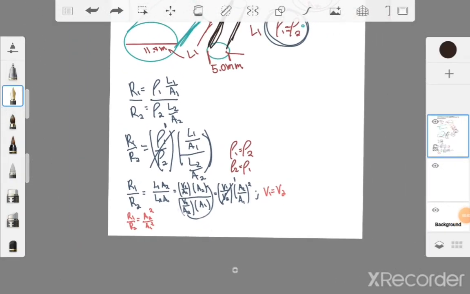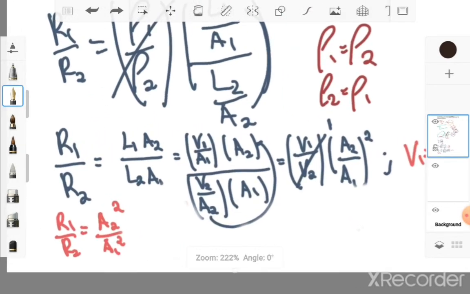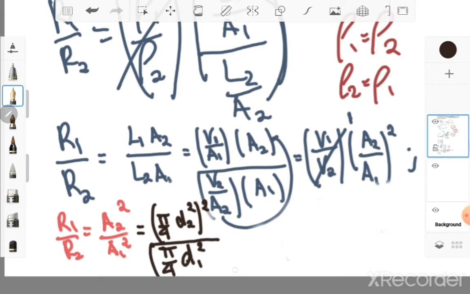Since R1 over R2 is equal to A2 over A1 squared, I may say that A2 is equal to pi over 4 multiplied by D2 squared, divided by pi over 4 multiplied by D1 squared, all squared.